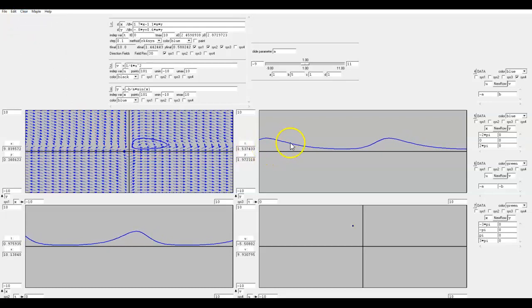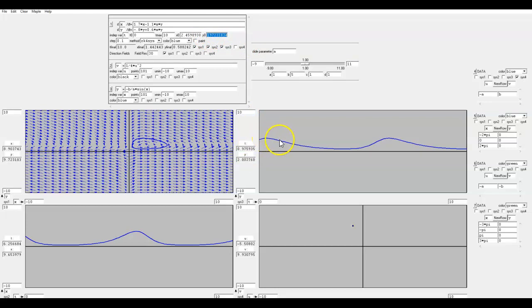Now here, this is producing a sketch of the y versus t graph, and down here, a sketch of the x versus t graph. If I come over here and point right there, you can see in this little box that my t value is pretty much 0, and my y value is 2.87. That's the initial condition we have right up here.